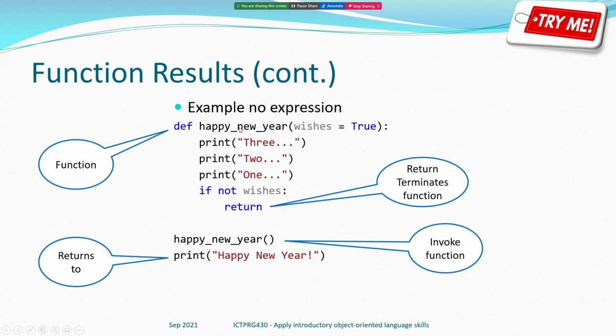So as I said, the function's defined first, invoke the function, and then the rest of your program. Give it a try. Play with changing wishes, values, that sort of thing. See how the parameters defined in these examples affect the outcome if they're changed.